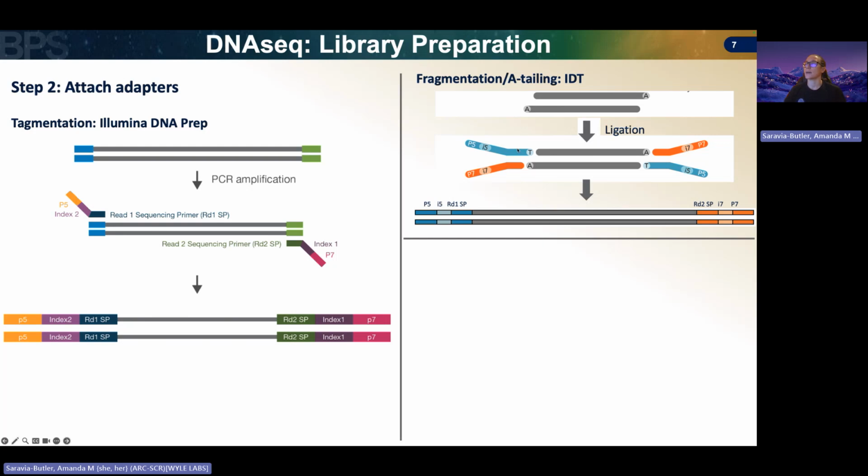And so here our adapters are going to be the priming region on either end. The index, as you see here, is I5 and I7 on either end, and then our P5 and our P7 regions to be able to attach to the flow cell.